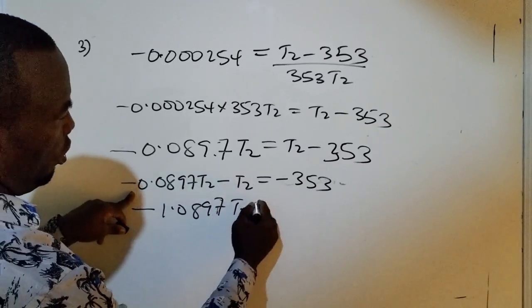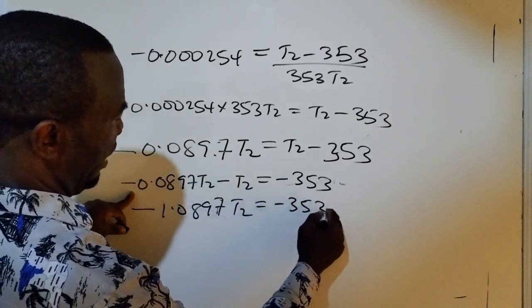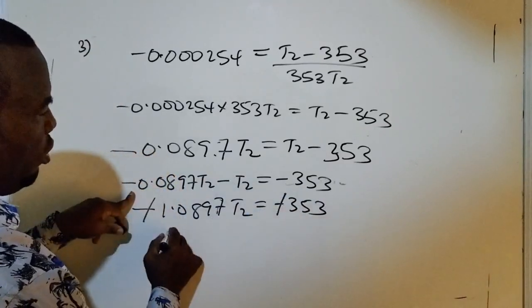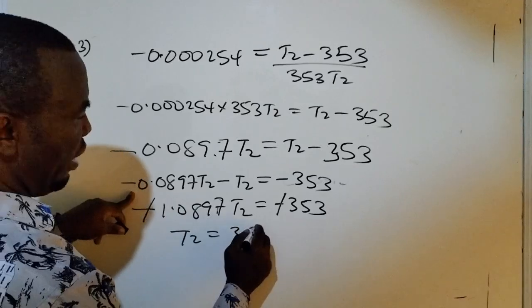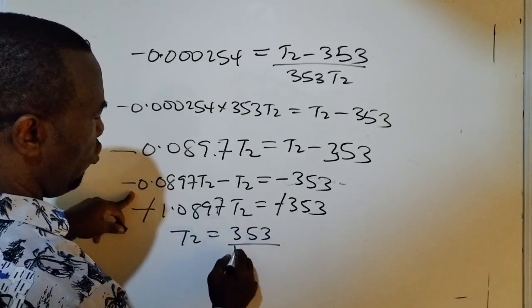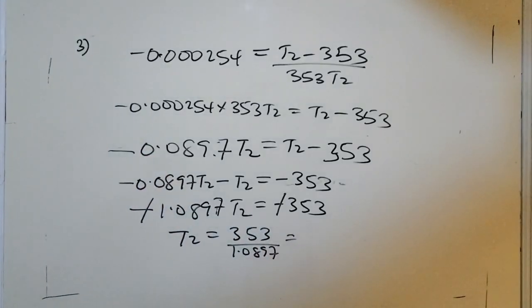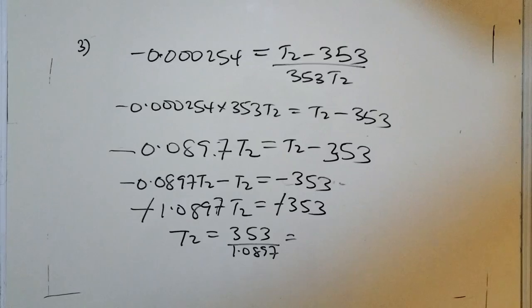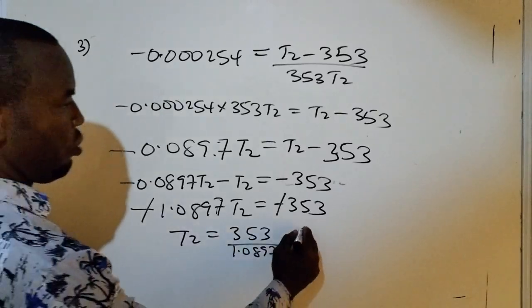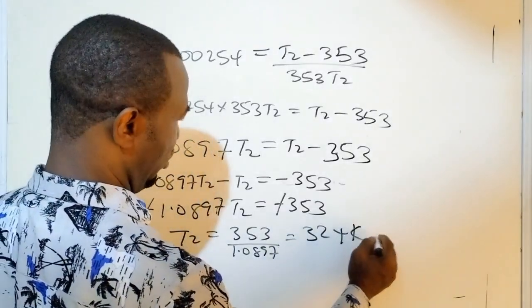Bring down the T2 equal to minus 353. Minus cancels minus. So T2 becomes 353 all over 1.0897. So when you divide, you have your final answer as 324 Kelvin. So 324 Kelvin is our T2.